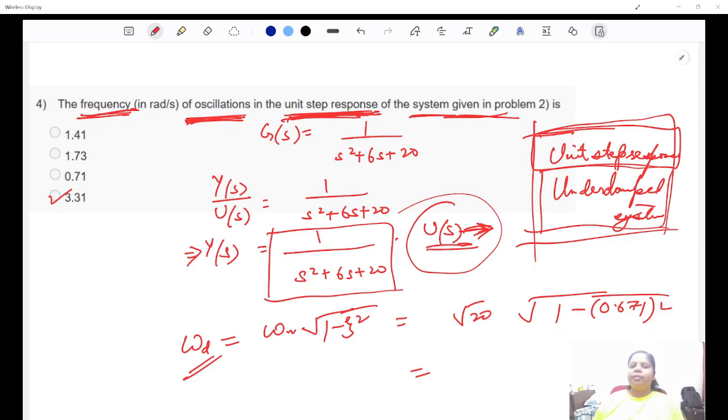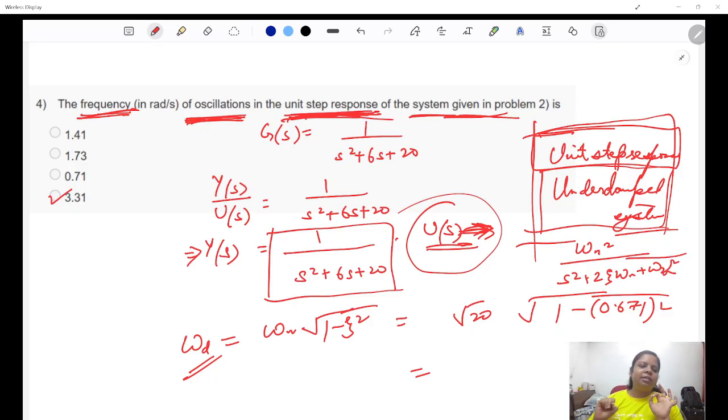If we just want frequency, this unit step was just meant for telling you that, okay, you can go ahead with this formula. This was the hint that this unit step response gave you. That is it.